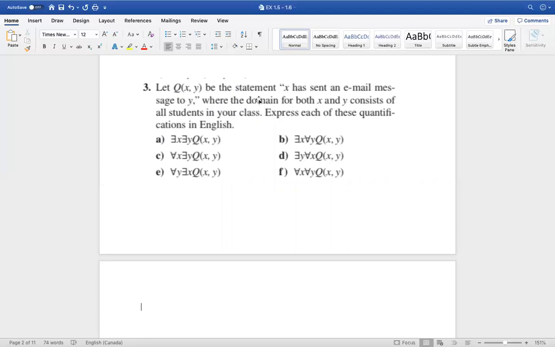The statement Q(x, y) basically means x has sent an email message to y, and the domains of both x and y are the students in the class. We have to express this statement as an English statement.